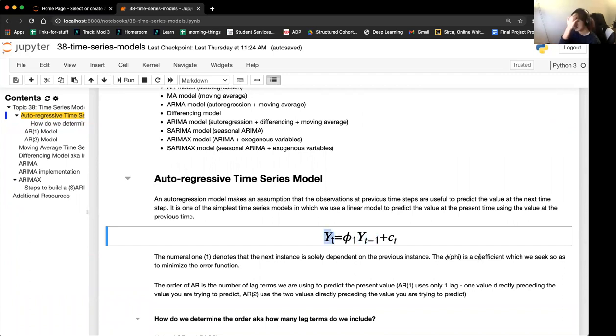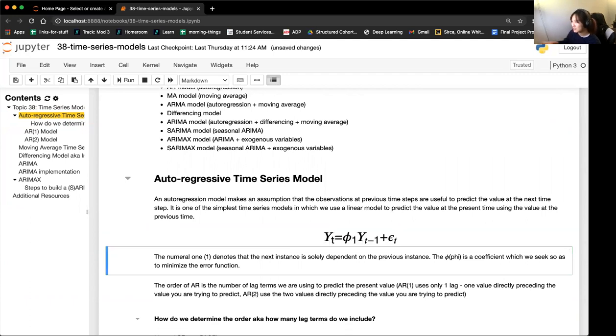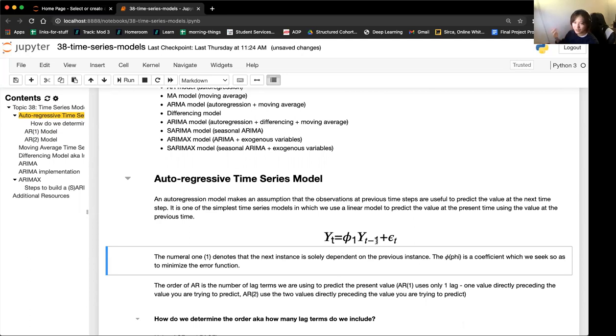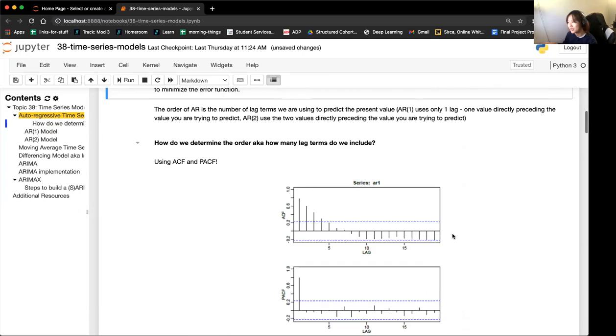If you remember one of our linear regression assumptions, this is not exactly a linear regression, but very similar assumptions hold. For this to be good, you would want Y sub T minus 1 to be quite correlated or linearly related to Y sub T. That's the thought behind why using the ACF and PACF curves might be useful.